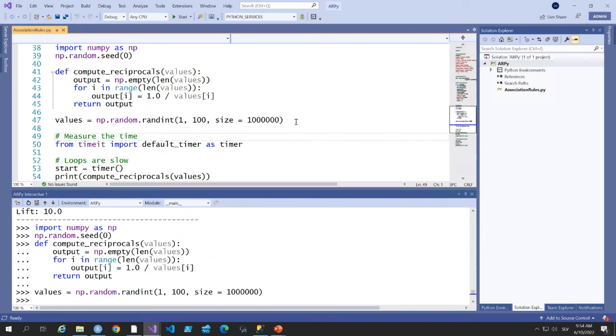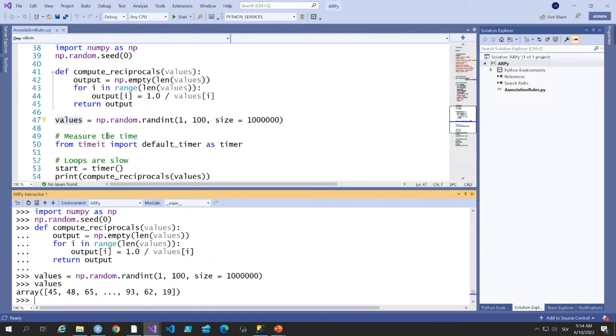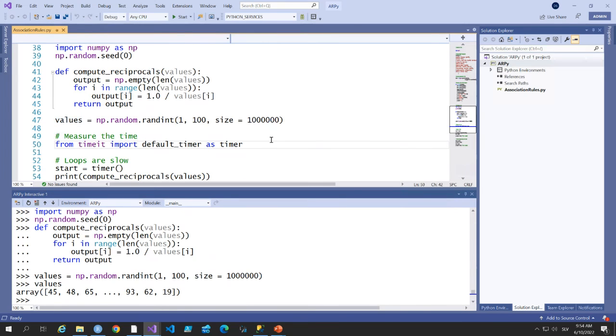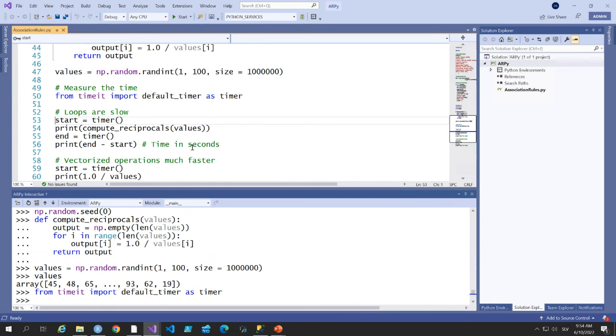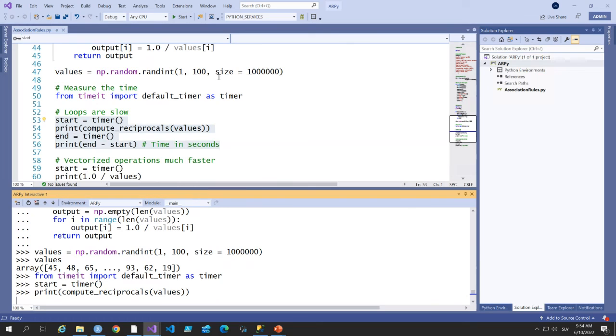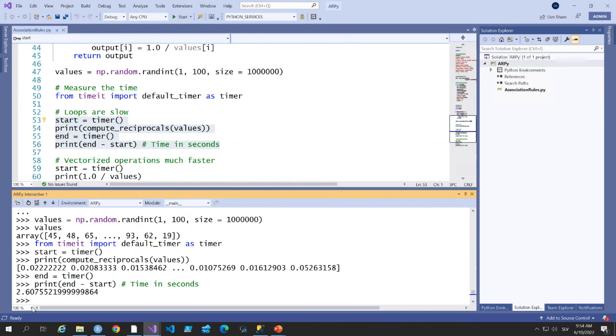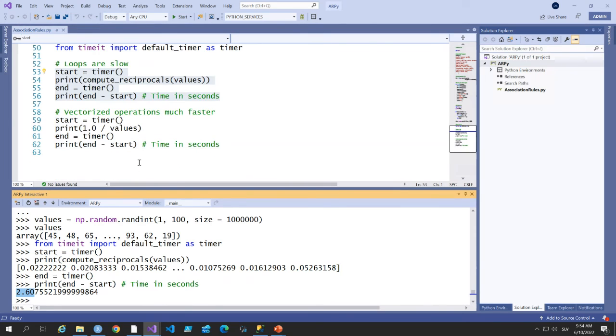This is okay, already calculated, but I will now also measure the time: start the timer, print them, end the timer, and measure the time in seconds. And you see, it took 2.6 seconds to calculate this row by row, right?